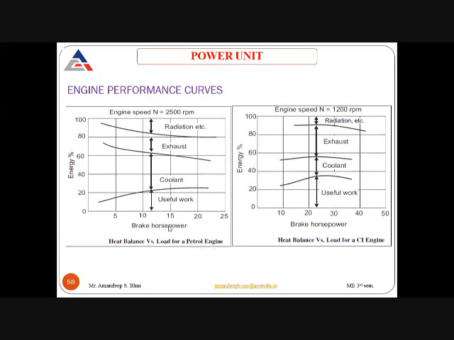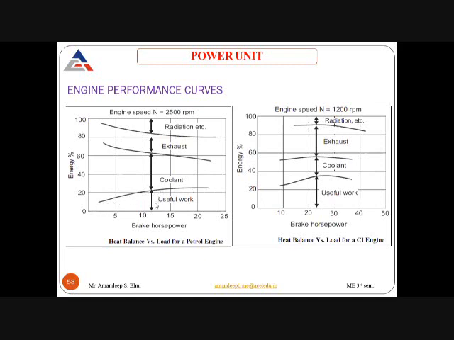In this you can see that from the bottom up to this graph is the useful work. As the brake horsepower is increasing from 0, we are going towards 25. So the value of this brake horsepower is increasing.